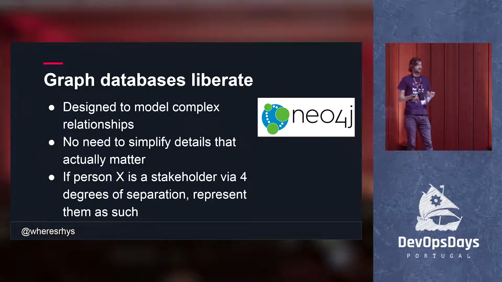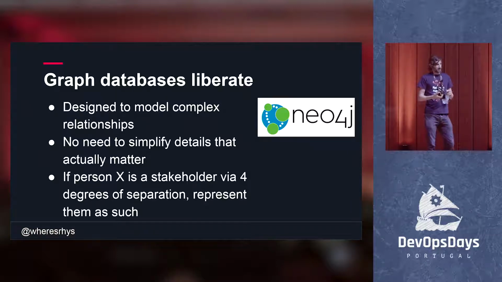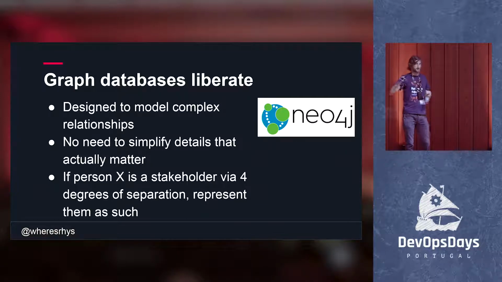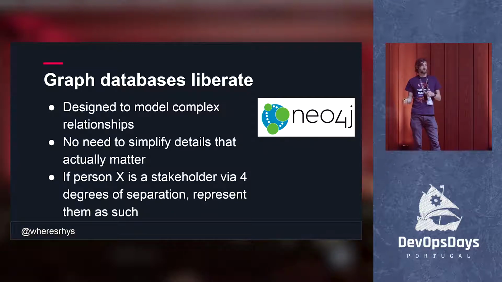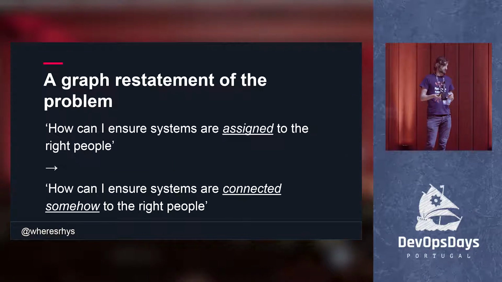So the idea behind graph databases is it's basically a NoSQL database, but they have some optimizations to make following relationships between things very, very performant. They're designed to model complex relationships, so you don't need to simplify the details which are contained in those relationships.